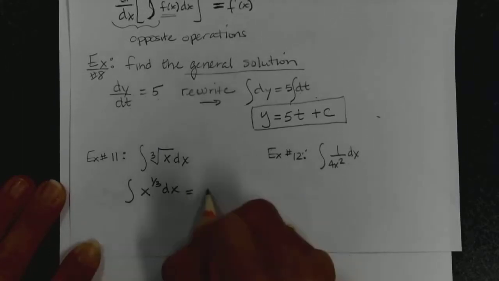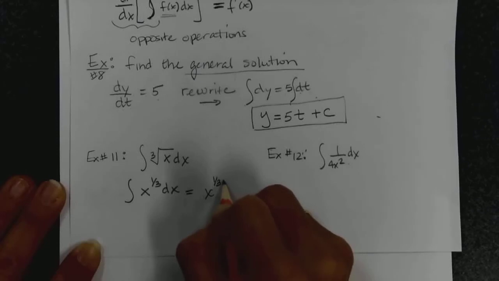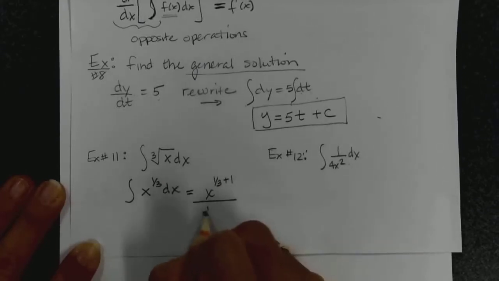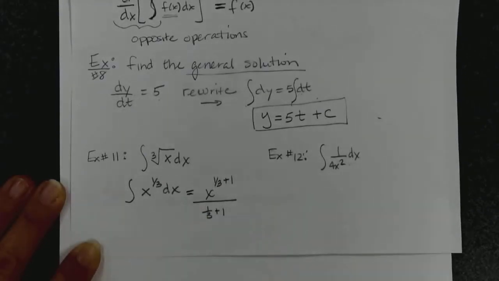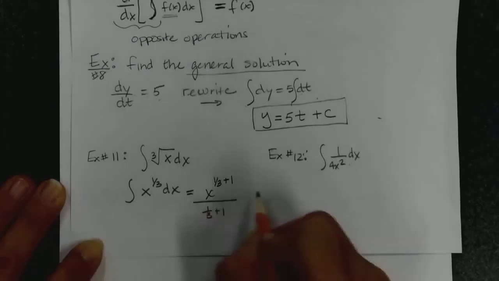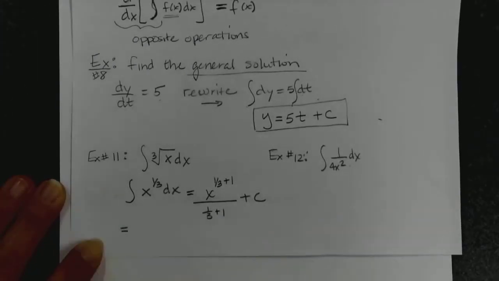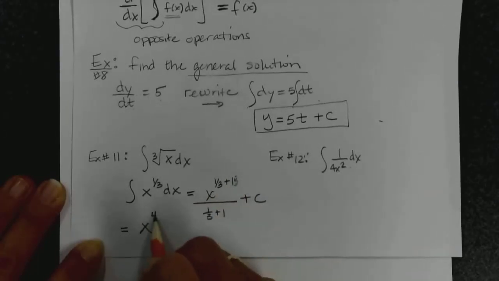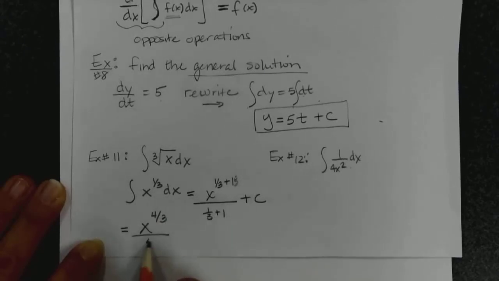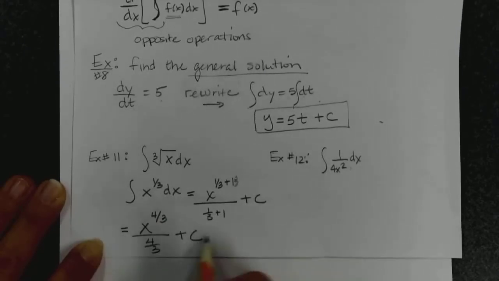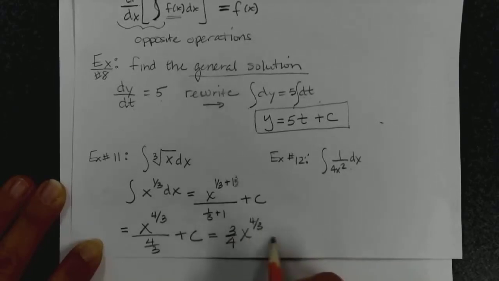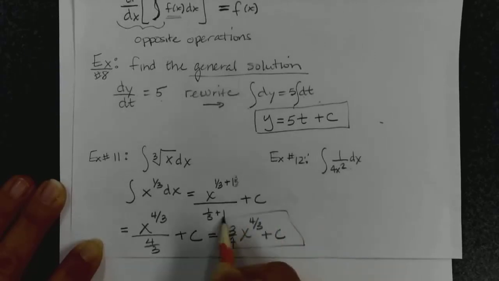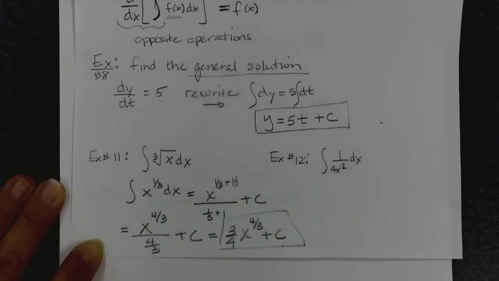So this becomes x to the 1/3 plus 1 divided by 1/3 plus 1, plus C. So the final answer becomes x to the 4/3 divided by 4/3 plus C. Then I can rewrite this as 3 over 4 x to the 4/3 plus C, and this is the antiderivative of this integral.